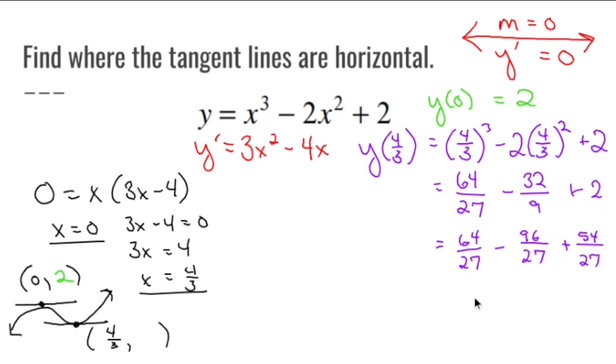And now I can combine all of these fractions. So let's do the positives first because, you know, I like being positive. 64 plus 54 is 118. 118 minus 96 is 22 over 27.